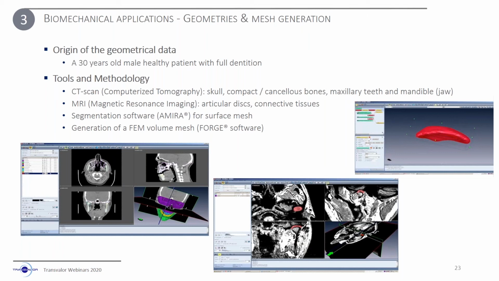And then different techniques like computerized tomography or magnetic resonance imaging have been used in order to scan the different components of the body: the skull, the bones, the teeth, the articular disc, the connective tissues. All these separate entities have been represented with a surface mesh and then with the volume mesh, thanks to different software, Admira for the surface mesh and Forge Solver for the volume mesh.